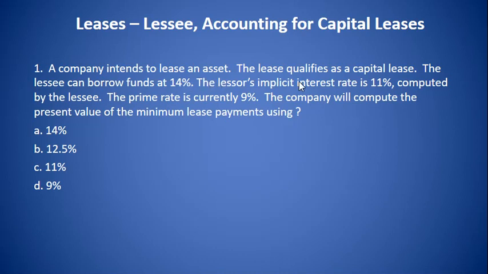The lessor's implicit interest rate is 11%, and that was computed by the lessee. The prime rate is currently 9%. The company will compute the present value of the minimum lease payments using, again, you're given your choices. Go ahead and stop your video. When you're ready, restart the video and view the answer slide.